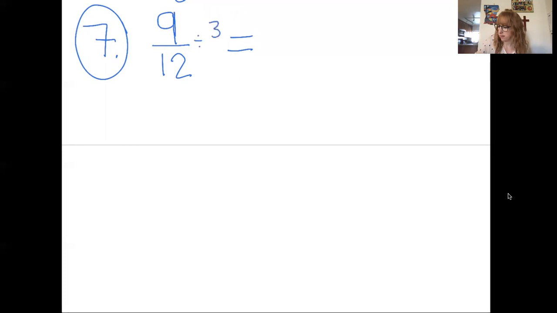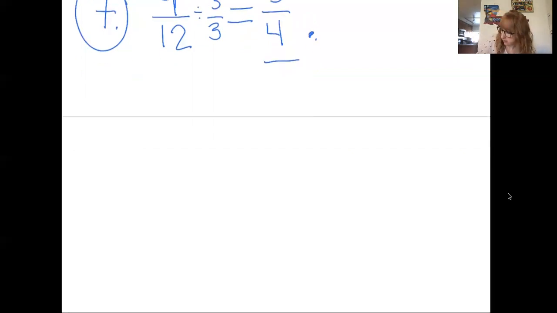So we're going to divide by 3/3. 9 divided by 3 is 3, and 12 divided by 3 is 4. And then our test is, can we divide 3 and 4 by any number to get a smaller fraction? And our answer is no, right? There's no number other than 1 that we can divide 3 and 4 by to get a smaller fraction. So this is simplest form. That's your answer.